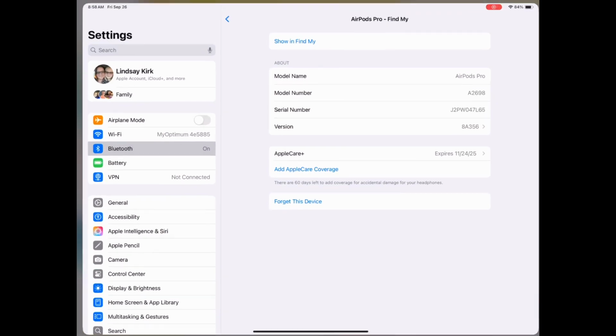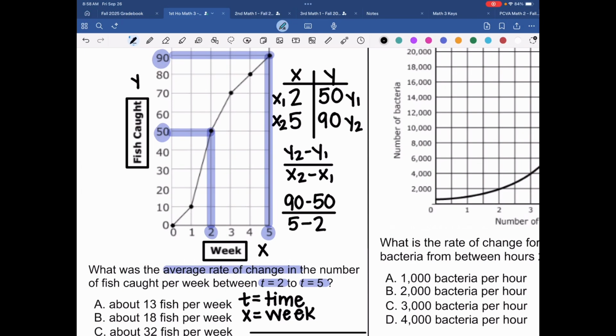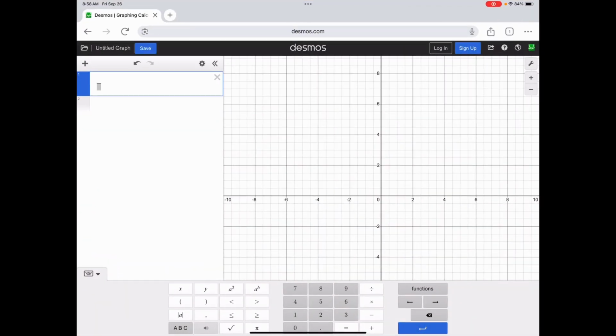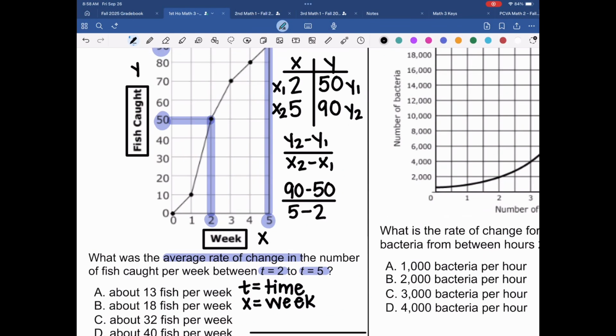So if we go to Desmos, we're going to hit that fraction button. We do 90 minus 50 over 5 minus 2, and that gives me about 13.3 fish.